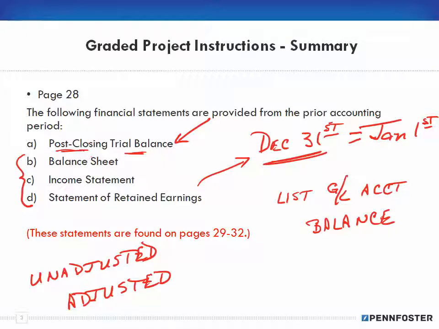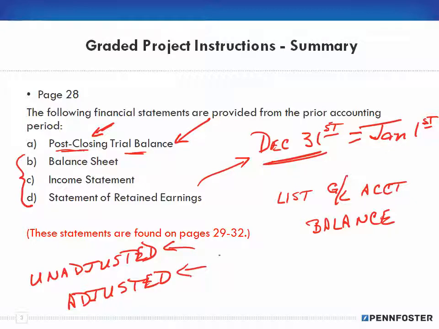The name of the trial balance, unadjusted, adjusted, or post-closing, represents when you actually created that particular trial balance in the process that you need to do at the end of the accounting period. Okay, so even though we're talking about a post-closing trial balance, later on we're going to see these other trial balances.